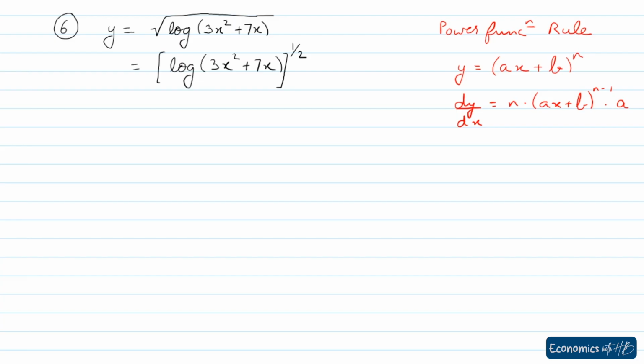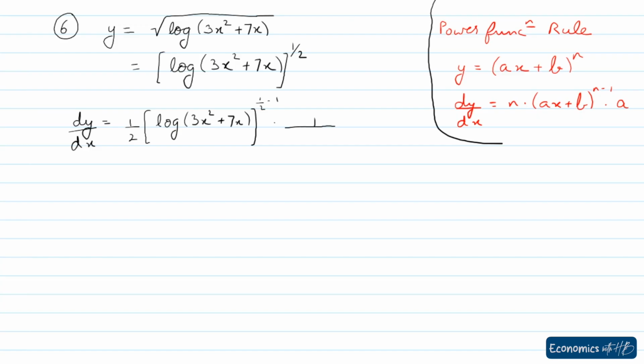So multiplied with a. So we get dy by dx is equal to 1 by 2 into log of 3x square plus 7x raised to the power n minus 1, which is 1 by 2 minus 1, into 1 over 3x square plus 7x into 6x plus 7.